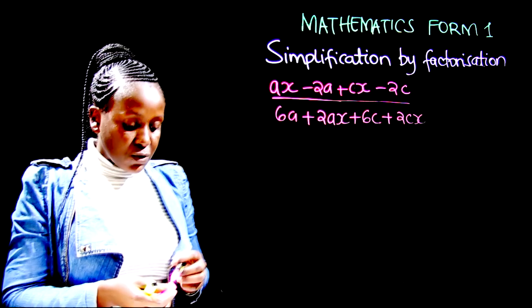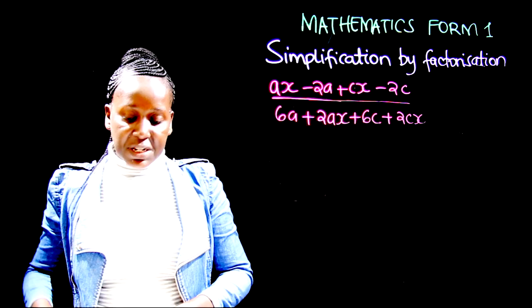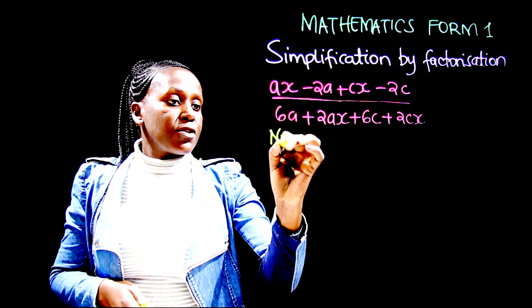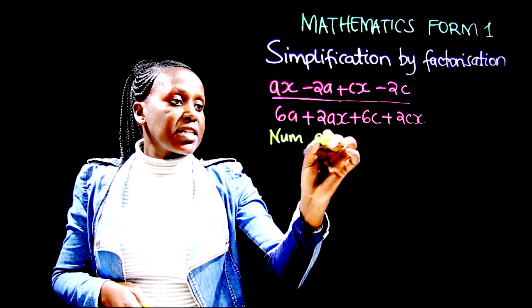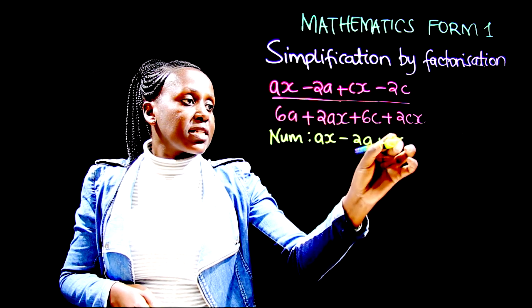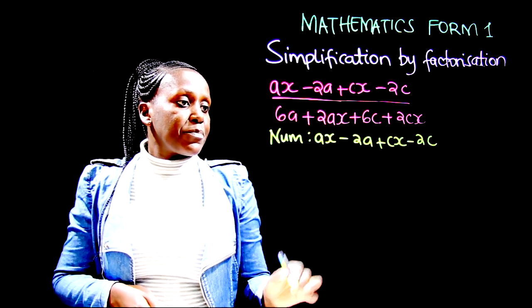So again, we are going to separate the numerator from the denominator. Our numerator is ax minus 2a plus cx minus 2c.